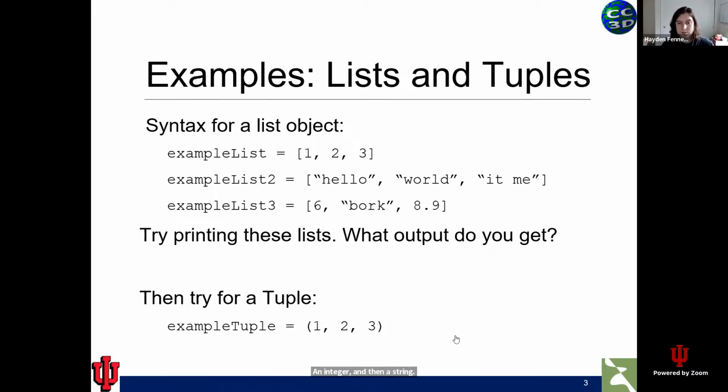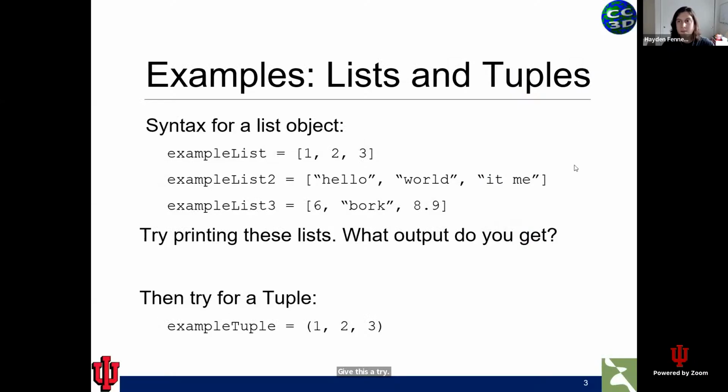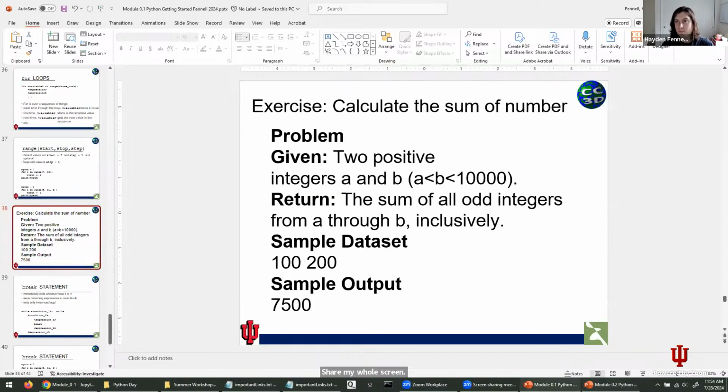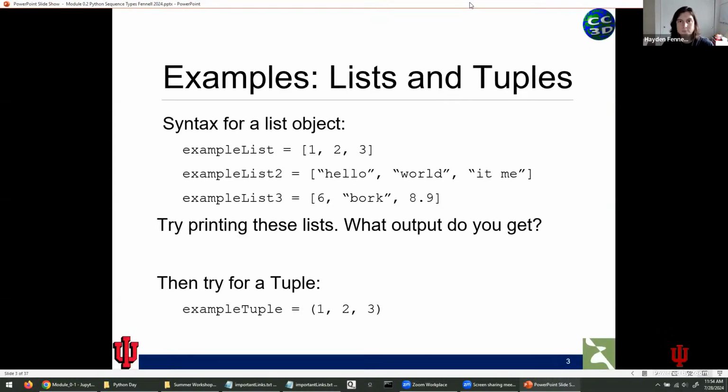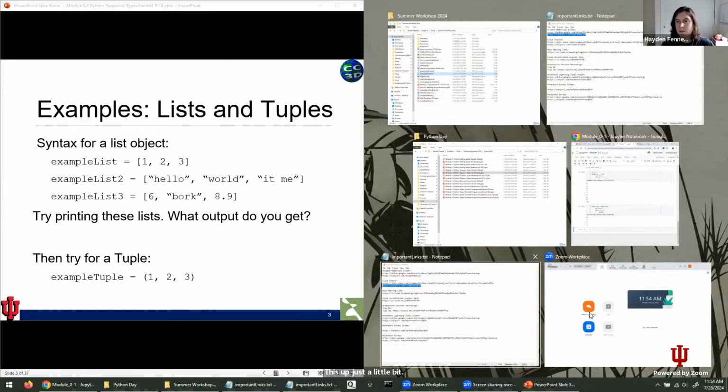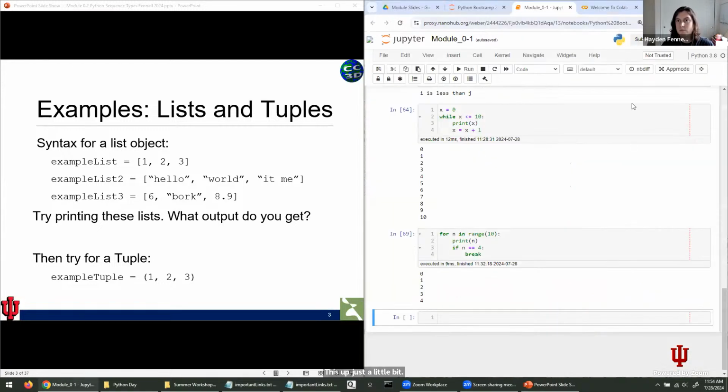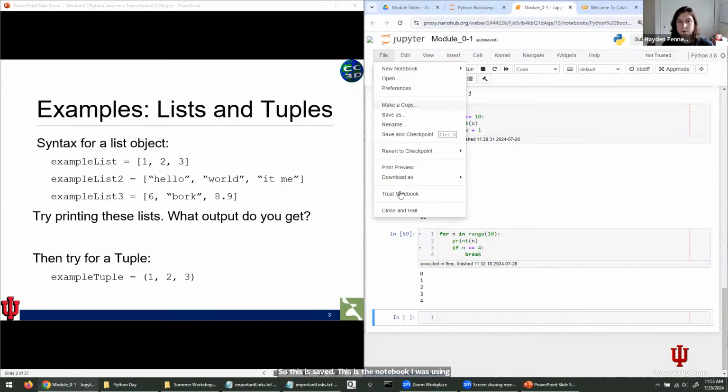So let's actually give this a try. Let me share my whole screen. Clean this up just a little bit. This is the notebook I was using before, so this is saved. I'm just going to go File, Close, and Halt.